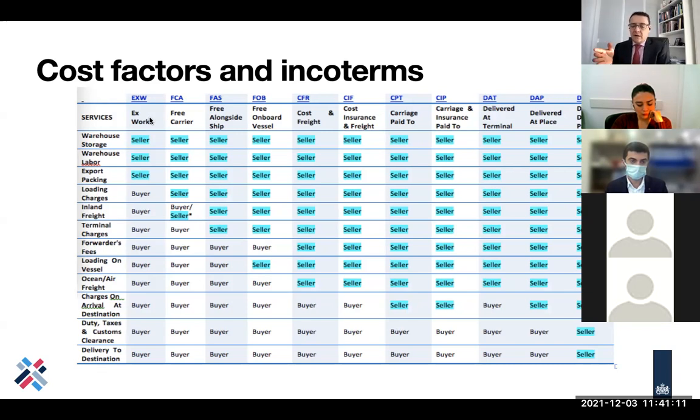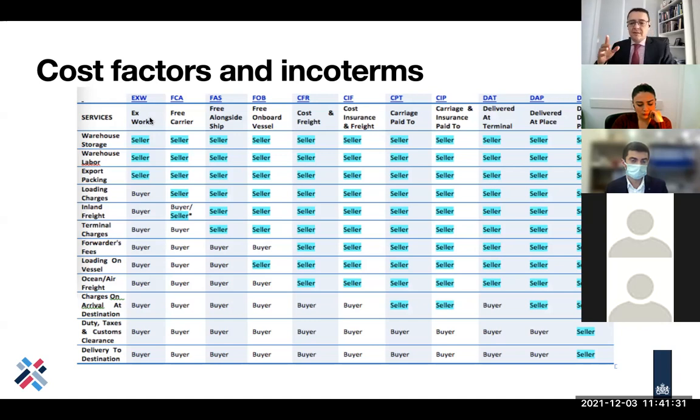Then there is CFR, which includes the cost and the freight. So this is without the insurance, it's the merchandise put in the ship, paid for the shipping, but without paying insurance.